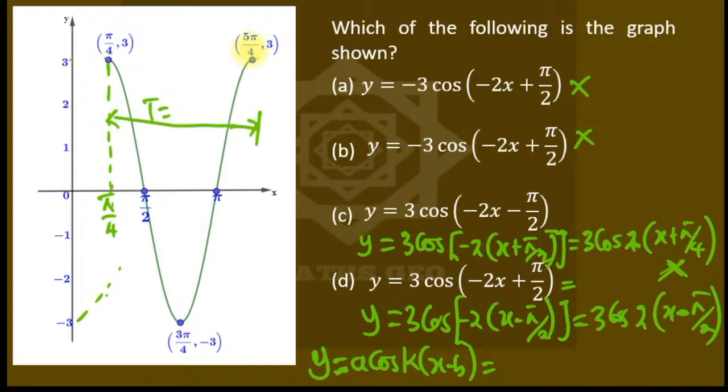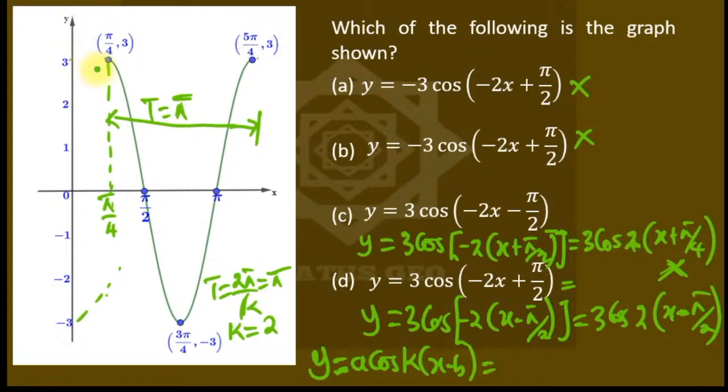T is, what's the difference? That's 5 pi over 4 minus pi over 4, which is pi. So our period here is pi. But I told you that period T is always 2 pi over K, and from the diagram it is equal to pi. So K is 2.